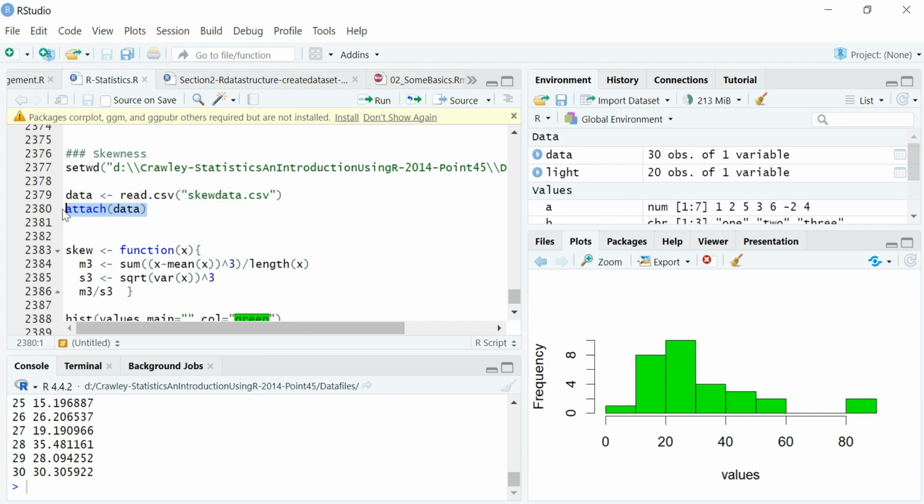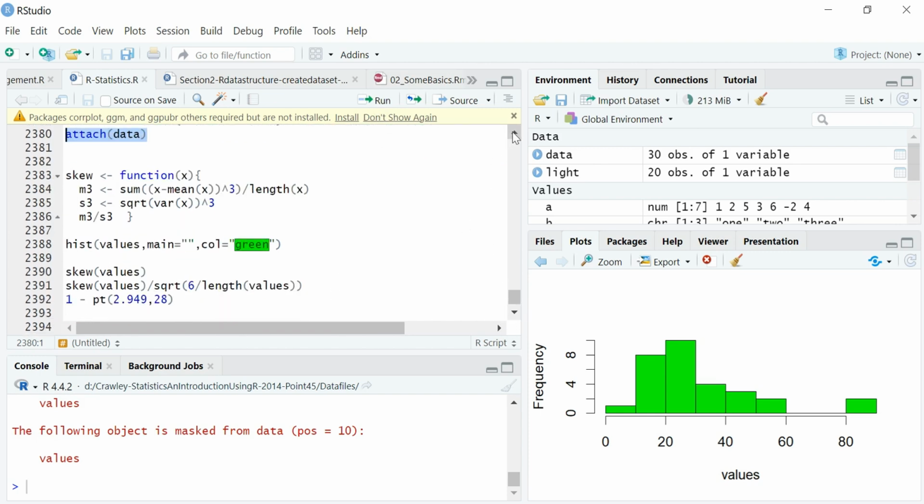So this data frame has only one variable called values, and 30 rows, 30 observations. We attach this data so it is a little easier: we do not need to write the data set name, just the variable. Then we write a function called skew.